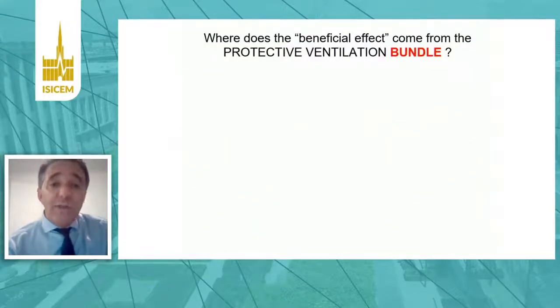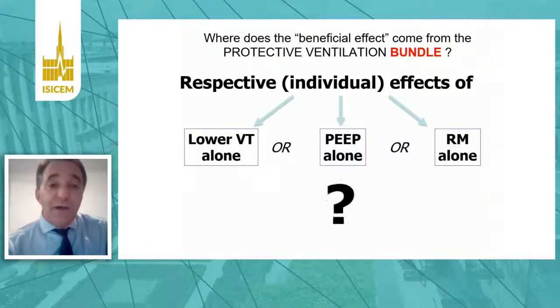So, where does the beneficial effect of the protective ventilation bundle come from? Is it the individual effect of a low tidal volume, or the PEEP alone, or the recruitment maneuver alone? To try to answer this question, others performed nice studies.